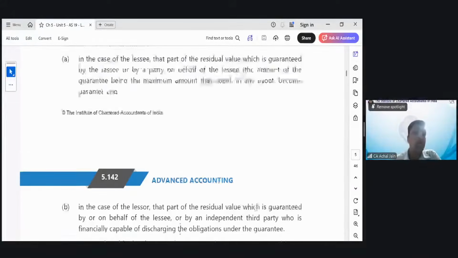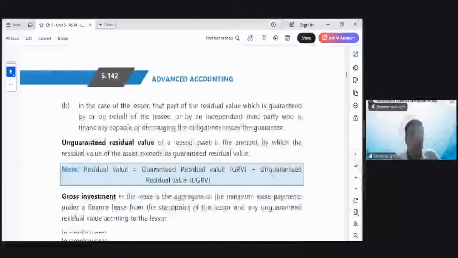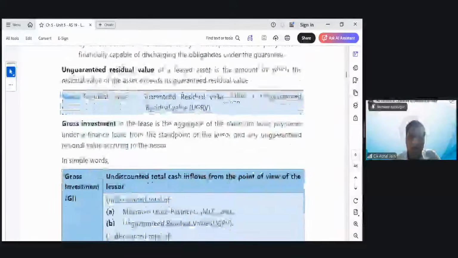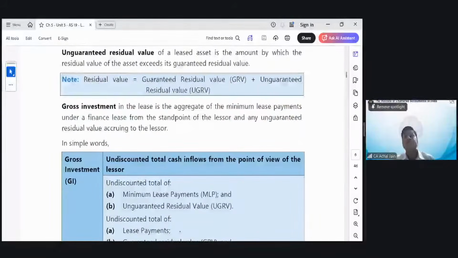But if you look at it from the perspective of the lessor, as we discussed, it is something which is guaranteed to the lessor by the lessee or somebody else. Correct. Now, there's also a concept called unguaranteed residual value. See, residual value means what? Residual value means the summation of two things.